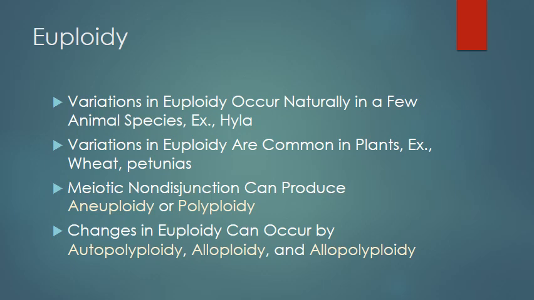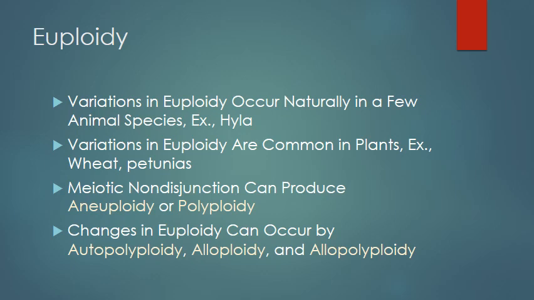For example, the species of wheat that we use to make bread is hexaploid, which arose from the union of diploid genomes from three closely related species. Different species of strawberries are diploid, tetraploid, hexaploid, and even octaploid.